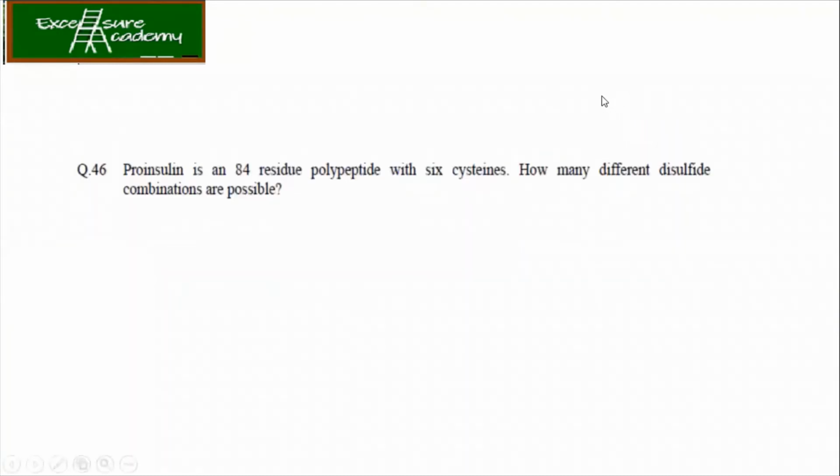So proinsulin is an 84 residue polypeptide with 6 cysteines. How many different disulfide recombinations are possible? Now this is a very tricky question actually, and very simple also. So we have got the 84 residues, 6 cysteines are there, and we know the disulfide bond is formed between the two. So now the combination.